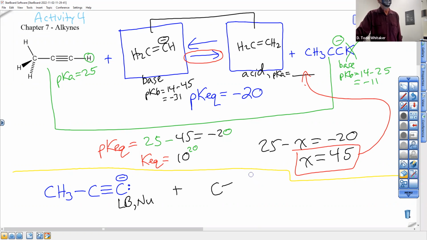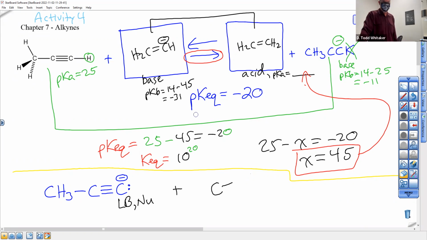What does water become after it loses a proton? Hydroxide. Is water a strong acid? The reason it's not a strong acid, you correctly answered, by the way, is because hydroxide is very unstable. That O-, it can't resonate. It's an anion. It's not happy at all.